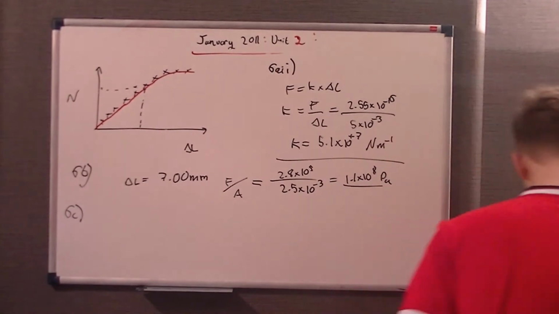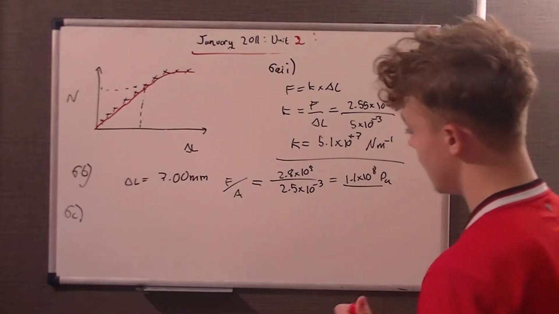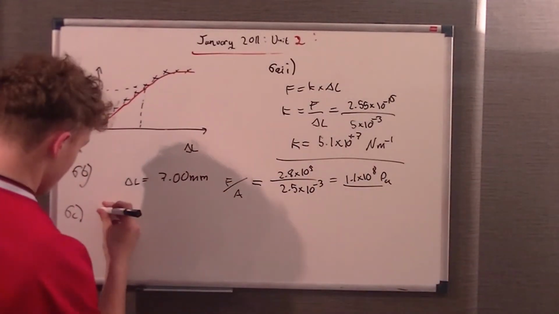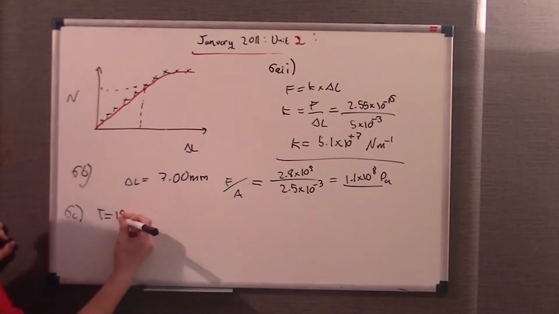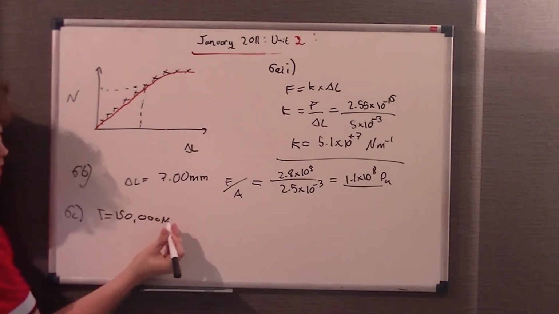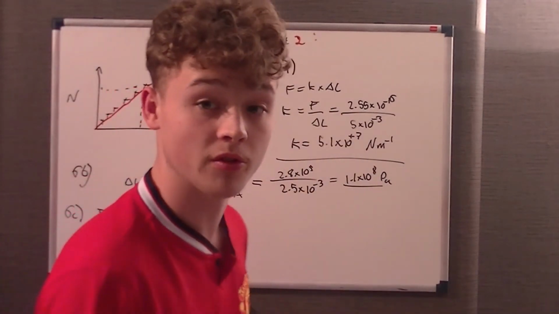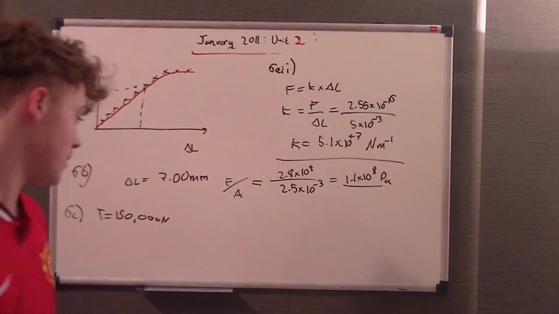So that's 6b. 6c says when a 1,000-metre length of this cable is used in a cable car system, calculate the extension when the tension in the cable is 150,000 newtons. So we know the tension is 150,000 newtons, and tension is the same as the force. You need to remember that.